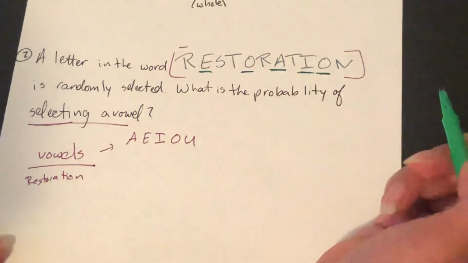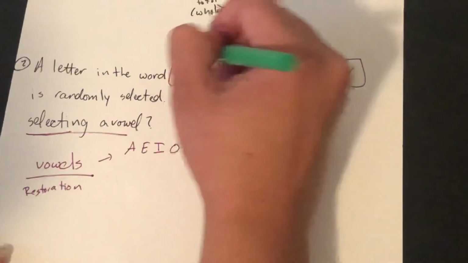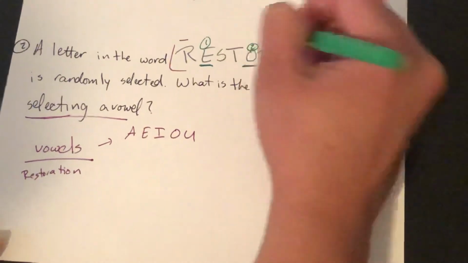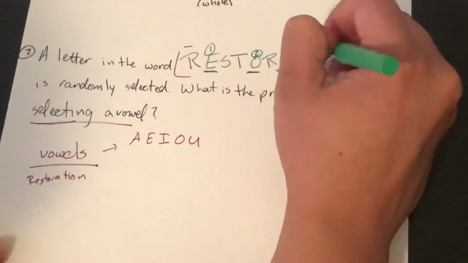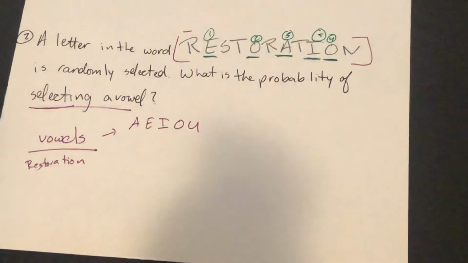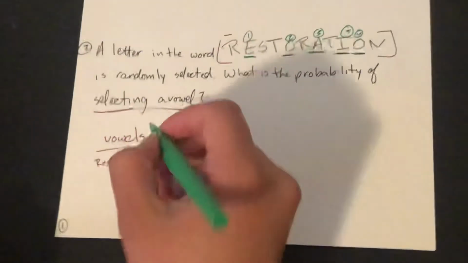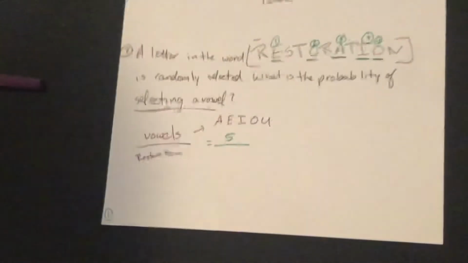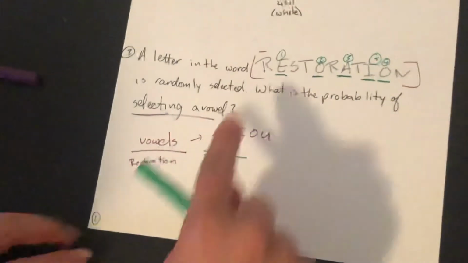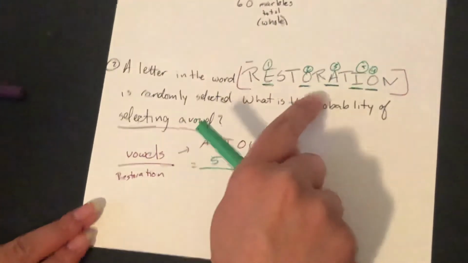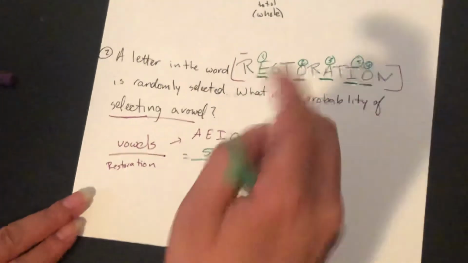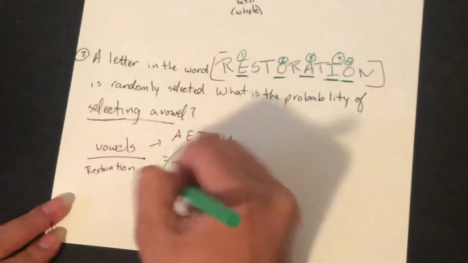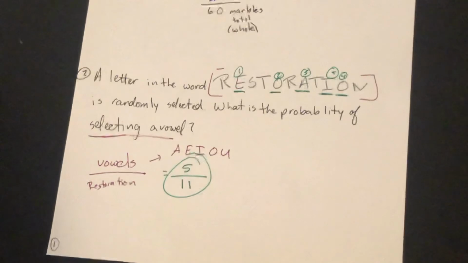I, and O. So if I go through there, I got 1, 2, 3, 4, sorry, I skipped that, 5. So out of the entire word restoration, I have 5 vowels, and then my sample space is just going to be how many letters are in the word restoration. So 1, 2, 3, 4, 5, 6, 7, 8, 9, 10, 11. So all I'm looking for is 5 out of 11 there.